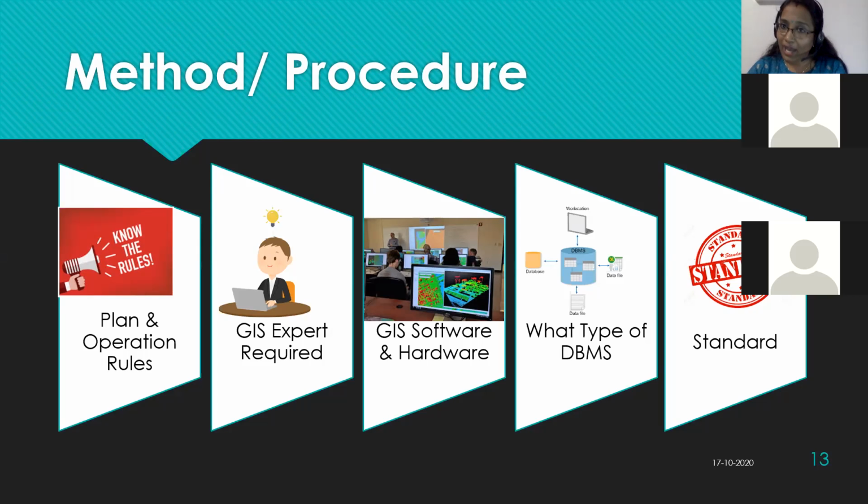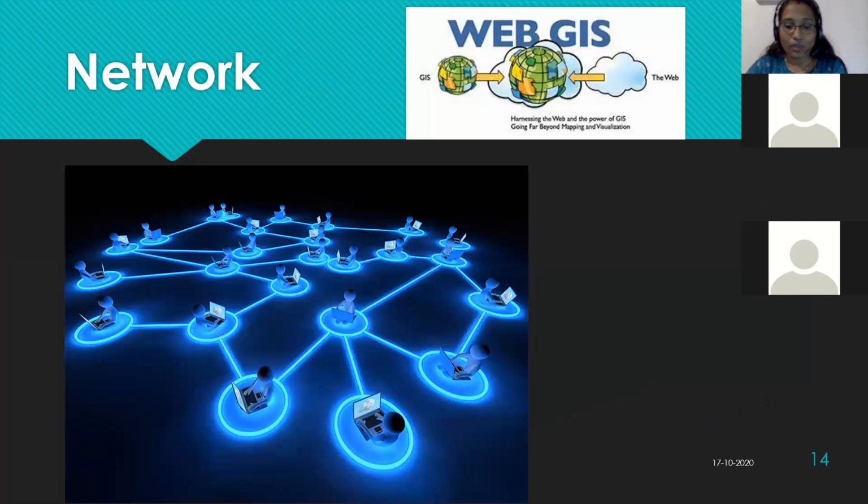And if you have a plan and a GIS expert team, then what do you require? Software and hardware. The hardware we have already discussed: network based hardware or standalone hardware.